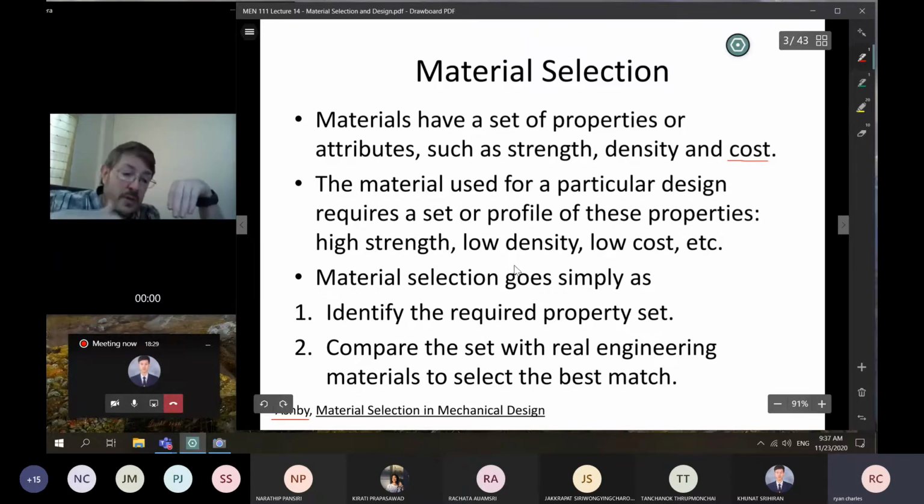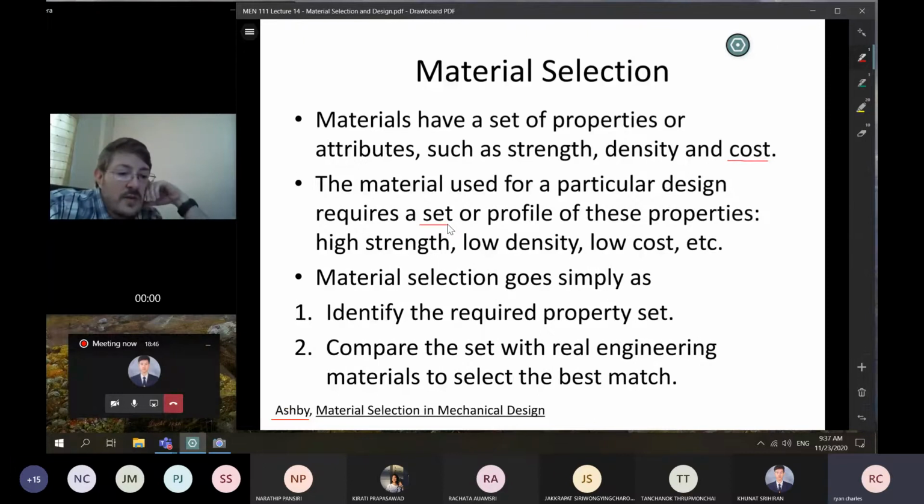Ideally all good with no bad properties. So material selection, you might think of it simply as identify the required property set. What are the set of properties that you require? For a particular application, you're not going to care about all of them.